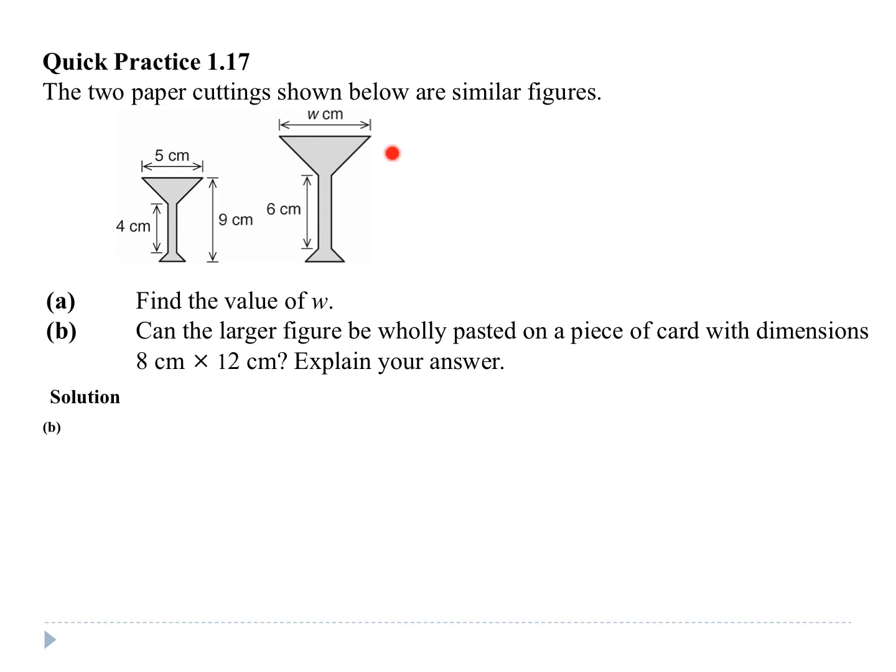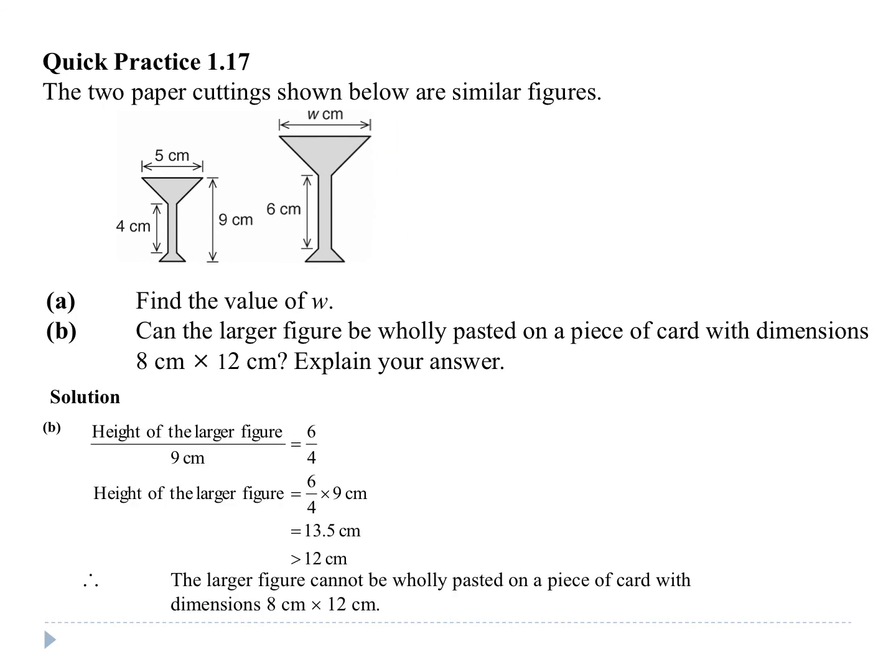Then we need to find out the height of this figure. So how to find this height? For the height of the larger figure, when compared to 9 cm, the ratio should equal 6 cm to 4 cm, so 6 over 4. Then we find the height of the larger figure by this times 9 cm.